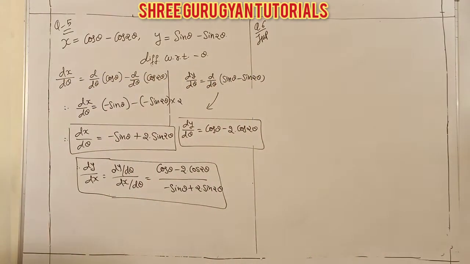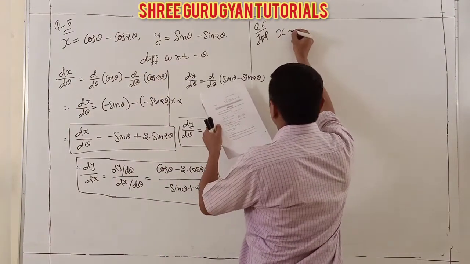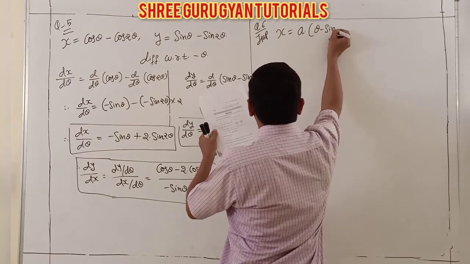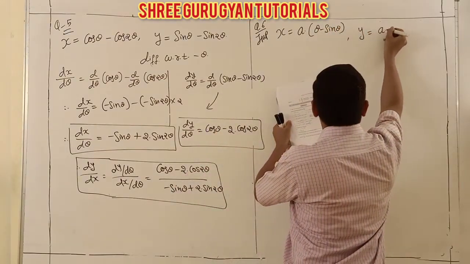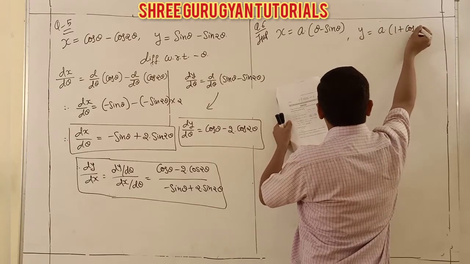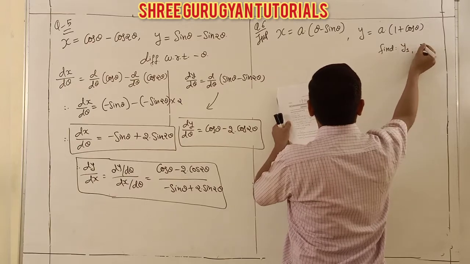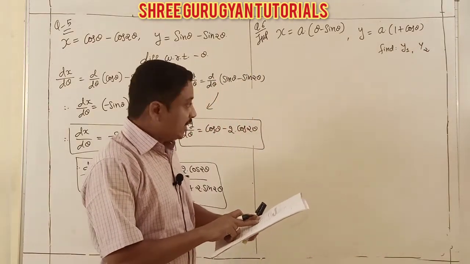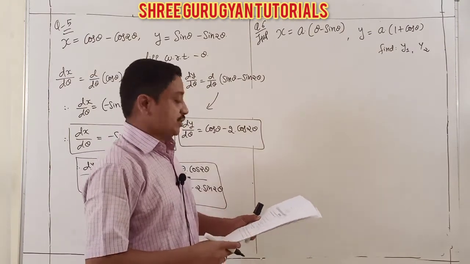The function is that x is equal to a into theta minus sin theta, and y is equal to a into 1 plus cos theta, and find out y1 and also y2. So one more time I check, x is equal to a theta minus sin theta, and y is equal to a into 1 plus cos theta.